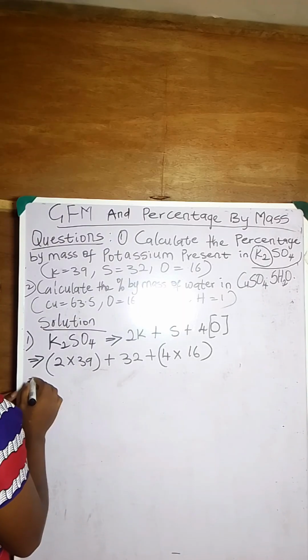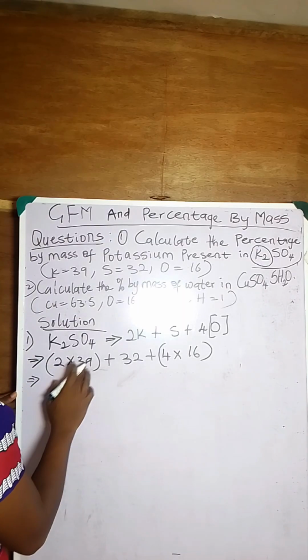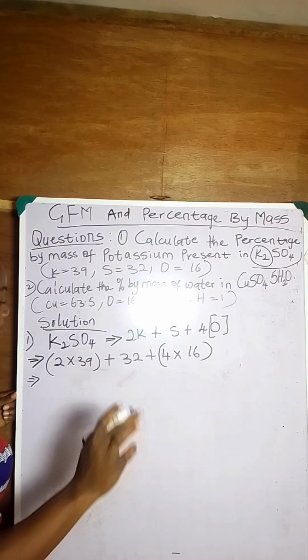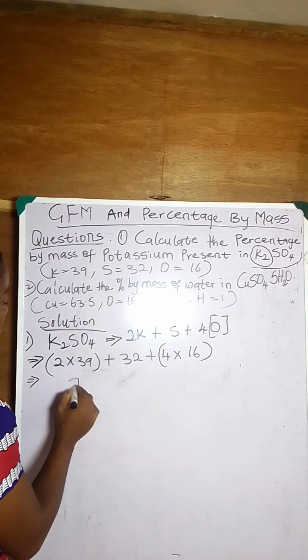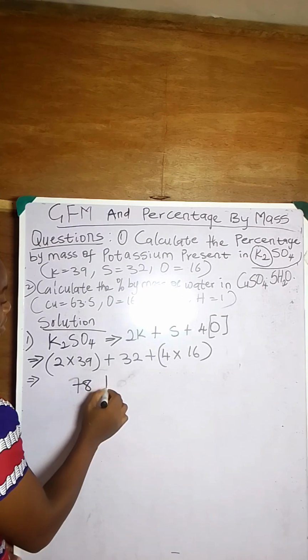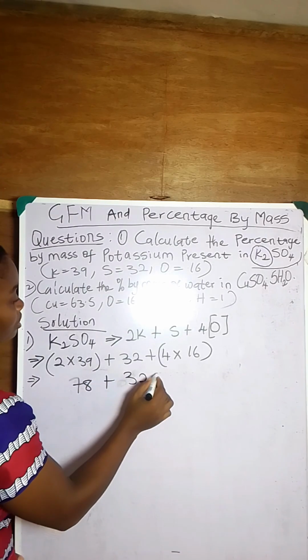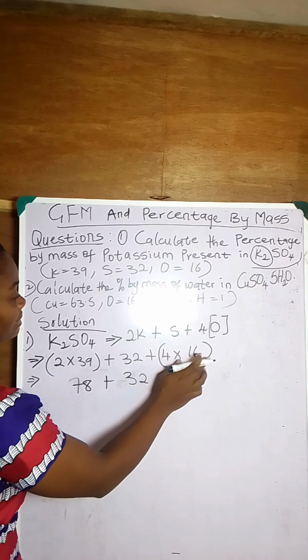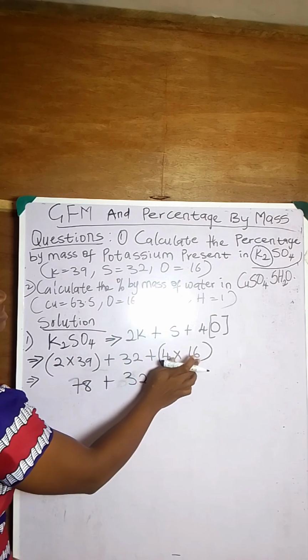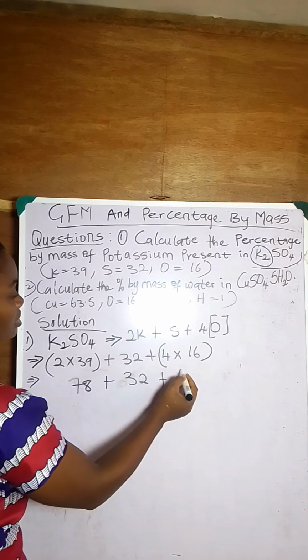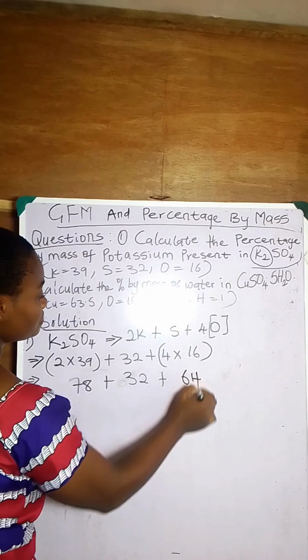Now go ahead and open the bracket. 2 times 39 will give you what? 78. Plus 32 plus 4 times 16. 16 times 2 is 32, times 4 is 64.